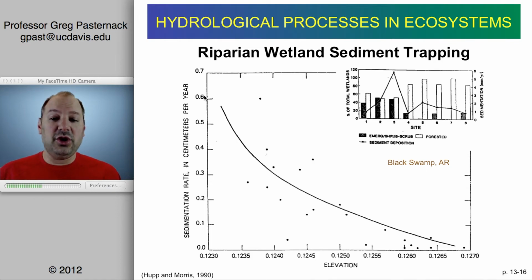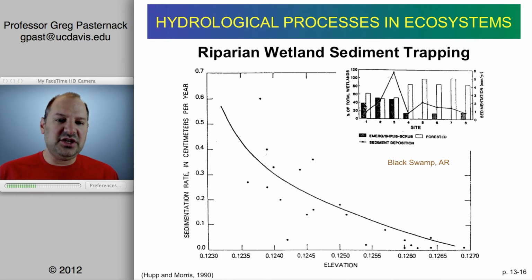So that's just a vertical accretion, whereas the previous data I showed you was a mass flux in grams per square centimeter per year. You have to know the density of the sediment to convert between the two, but that is feasible. This shows a comparison among different sites. On the left, the percent of total wetlands as either emerged shrub or forested wetlands.